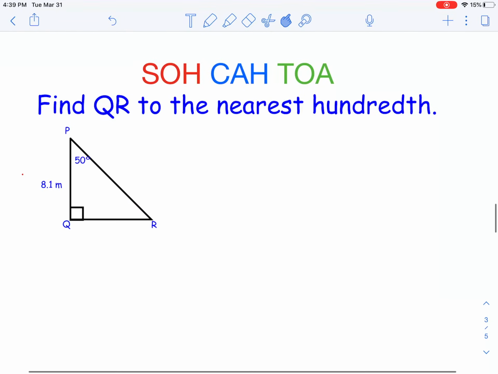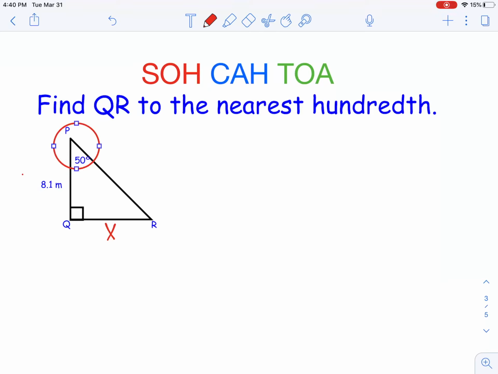Okay. Moving on to our next example. It says to find QR to the nearest hundredth. For this example, QR would represent x, and we are given the acute angle P. So x is representing the opposite side because it's across from our acute angle that we are given.